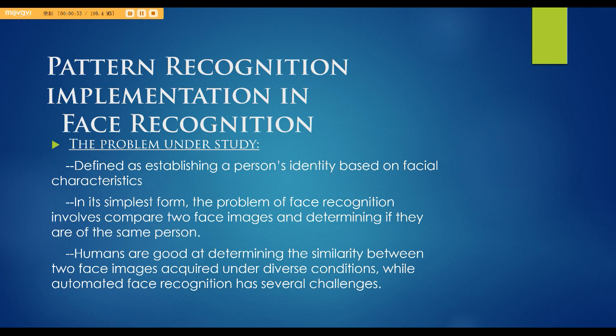And the third point is, humans are good at determining the similarity between two face images acquired under diverse conditions. However, automatic face recognition has several challenges because it's hard for the computer to distinguish two different people, different genders, different face color.